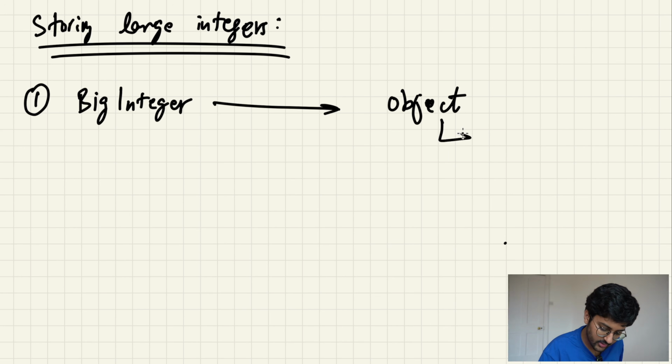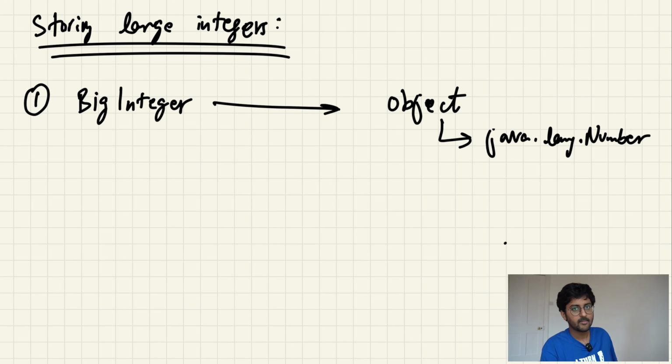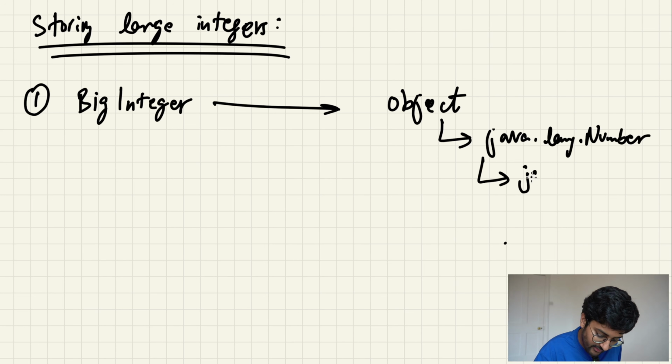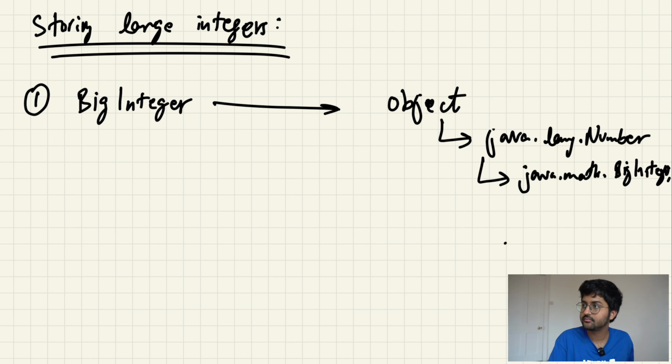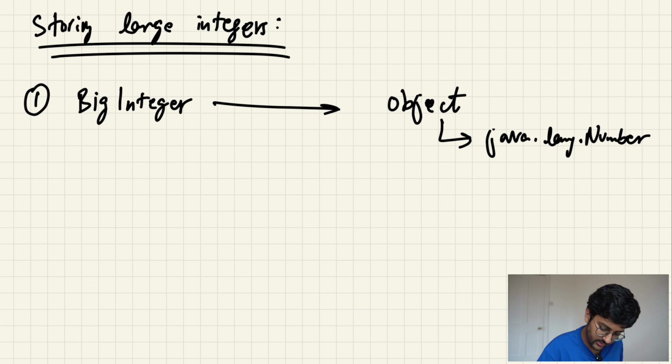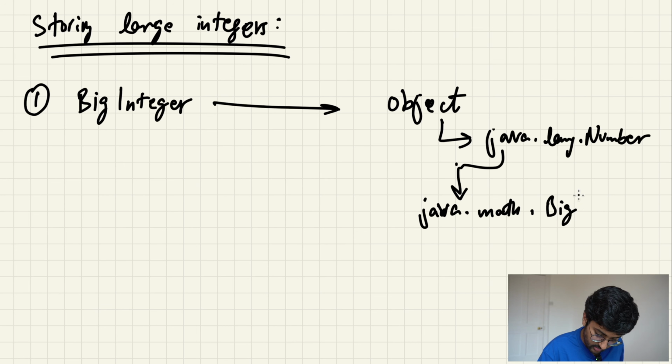Inside this we have Number, java.lang.Number in these packages, and inside that we have java.math.BigInteger. Okay, write it down clearly so you can understand. Inside this we have java.math.BigInteger.